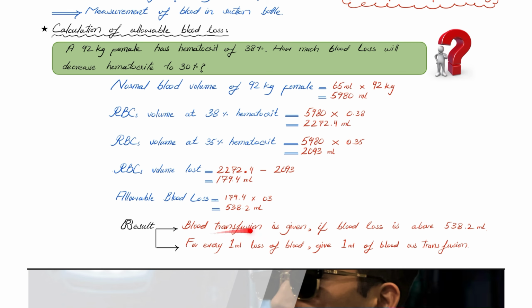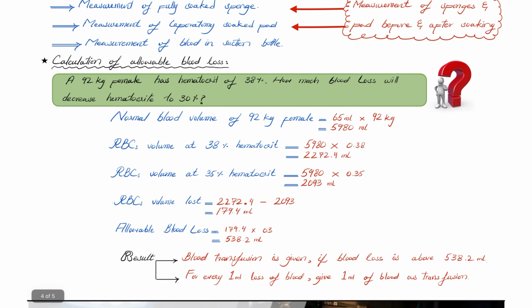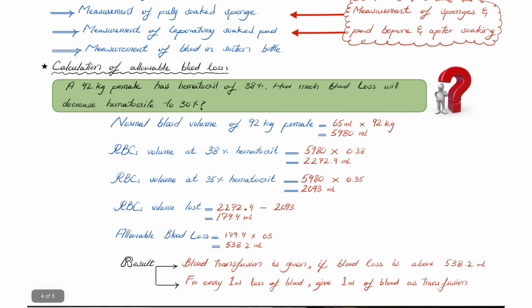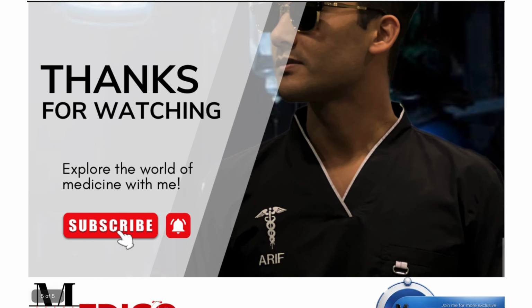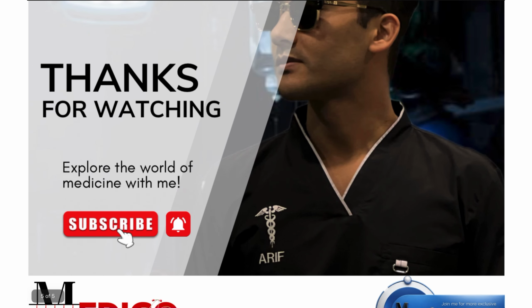So blood transfusion is given if blood loss is above 538.2 milliliter. For every 1 milliliter loss of blood, give 1 milliliter of blood as transfusion. So if they're above 538, if there are 200 ml of blood lost, then you have to give 200 ml of blood as transfusion.